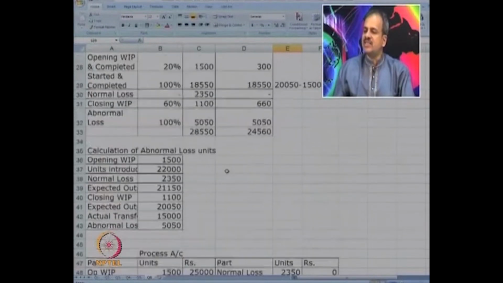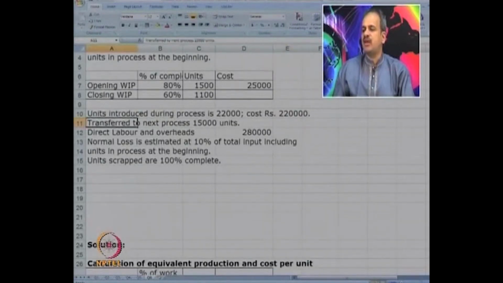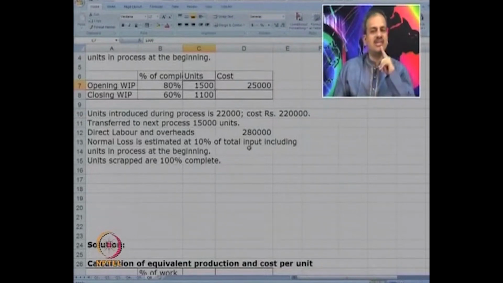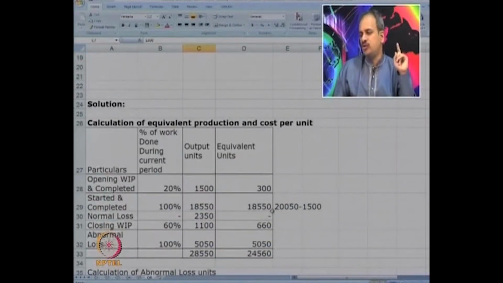Actual units transferred, if you know, the production of the process was 15,000. Of that, 1500 units were from the opening stock. So how many units are transferred? 15,000 minus 1500. So I will need to correct here.